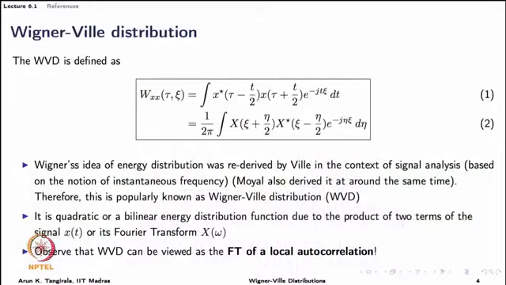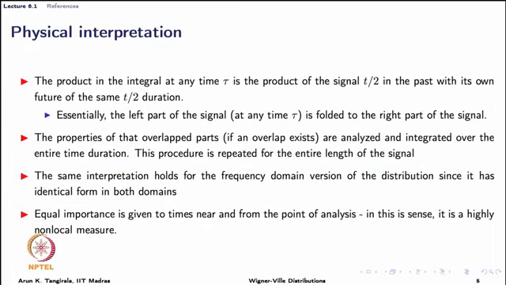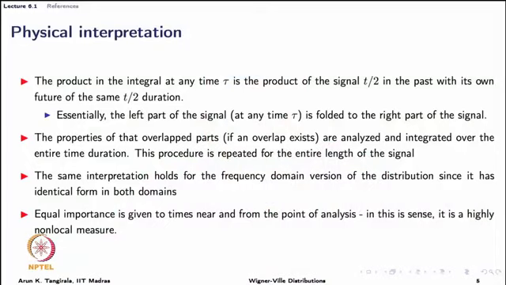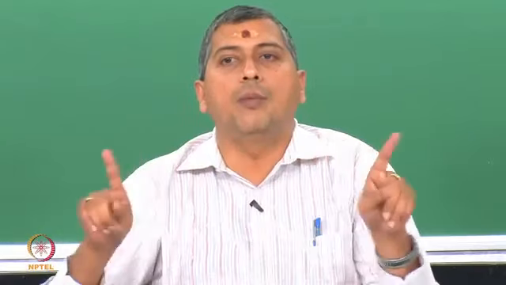Assume that the signal is real, therefore x star is nothing but x itself. So, for real valued signals I am looking to the left and right of the signal over the same duration and then folding, that is I am actually computing what is the extent of overlap between these left and right segments, and I am not just looking at one segment, I am looking at all possible segments with respect to tau. So, let me show this to you or illustrate this to you on the board.